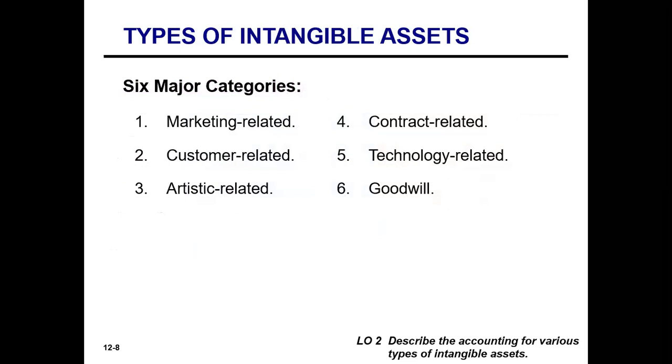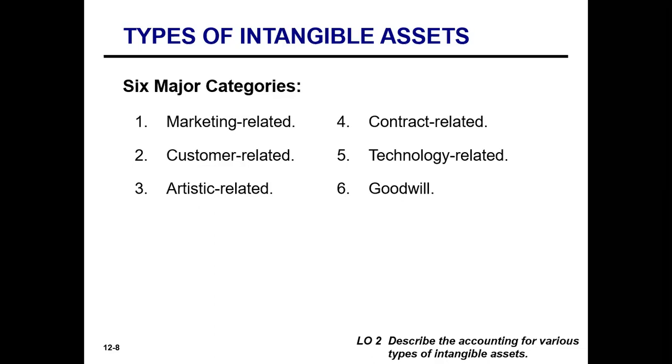Artistic related are like copyrights, ownership rights to plays, literary works, musical works, pictures, photographs, and audio visual material.